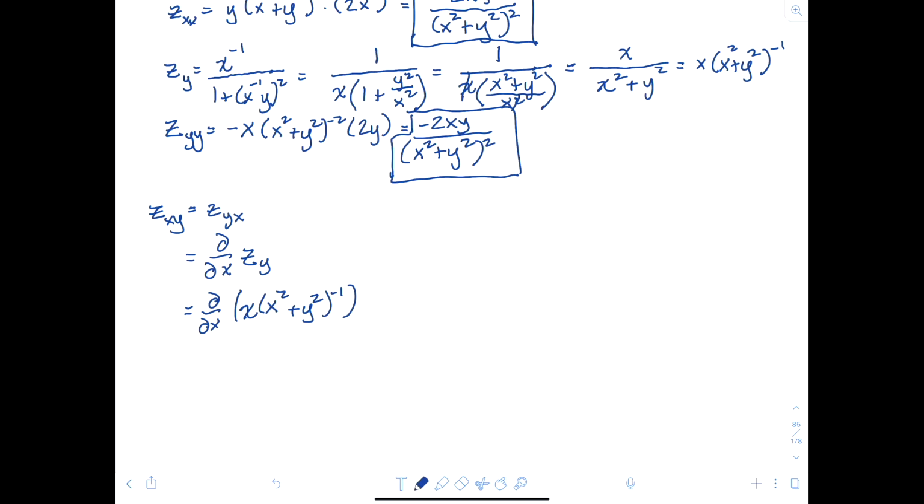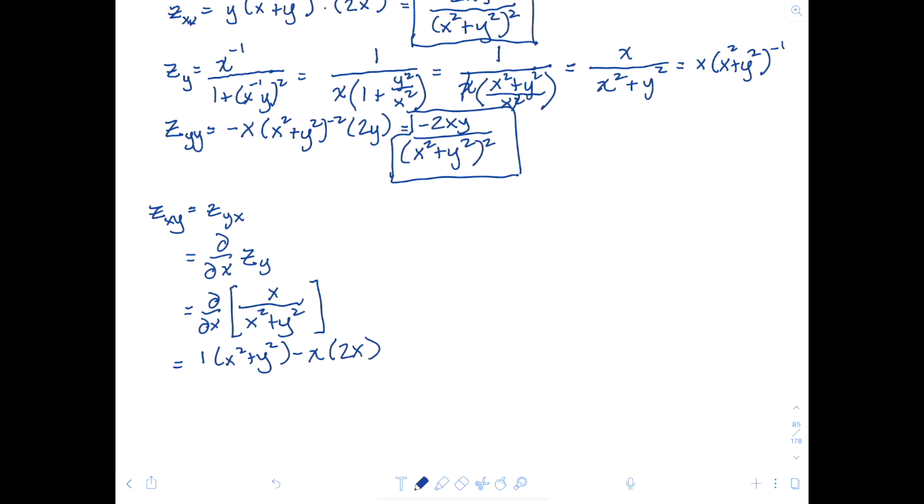And so differentiating that with respect to x, you could either use the product rule. Actually, you know what? Let's write it like this. I'll just use the quotient rule. So d dx of x over x squared plus y squared. All right, so differentiating with respect to x, what are we going to get? We're going to get 1 times the denominator, x squared plus y squared, minus the numerator times the derivative of the denominator with respect to x, which will be 2x, all over the denominator squared.